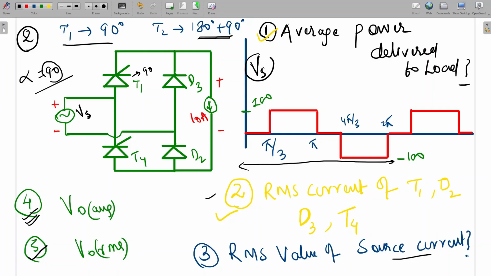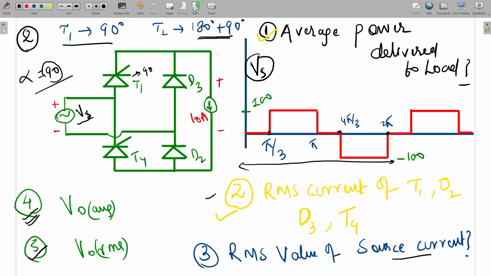This is the source voltage, not the output voltage. This is the source voltage applied here. But these thyristors I am firing at alpha equal to 90 degree, so this is fired here and T4 is fired here. Similarly, this pattern will be repeated. Is it clear now? See, I will explain.